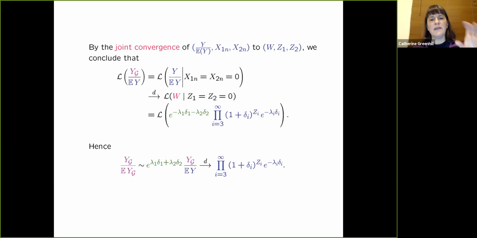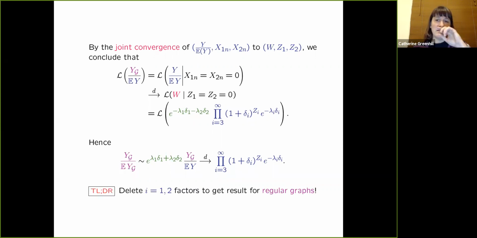And what you're left with is something that looks very much like w, except it just starts at i equals 3. So the short version is, if you want to go from configurations to graphs, you just chop off the i equal 1 and the i equal 2 factors out of this big product, and it works. Okay, so that's all you really need to remember.